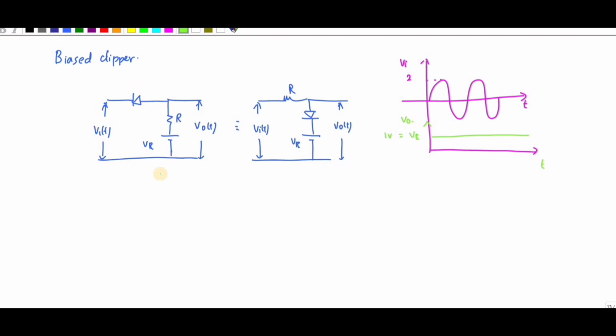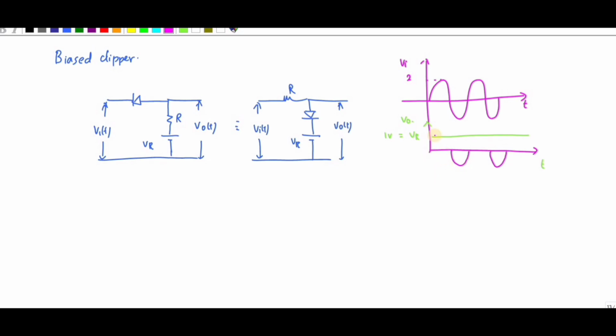So we know that this is nothing but a positive clipper. The negative off cycle will come as it is, right? A negative off cycle will come as it is.